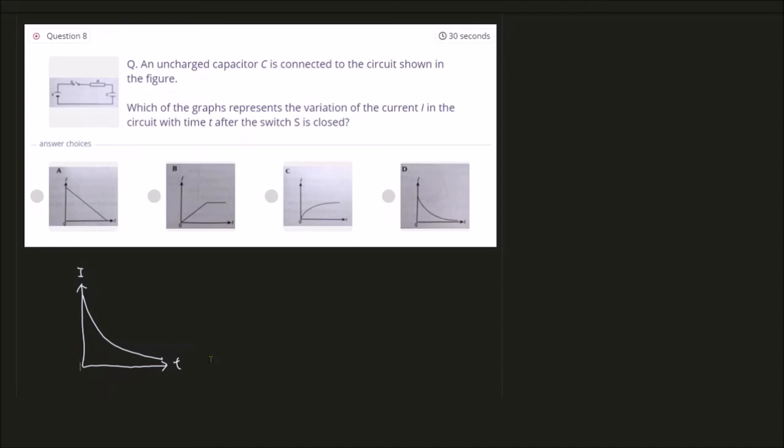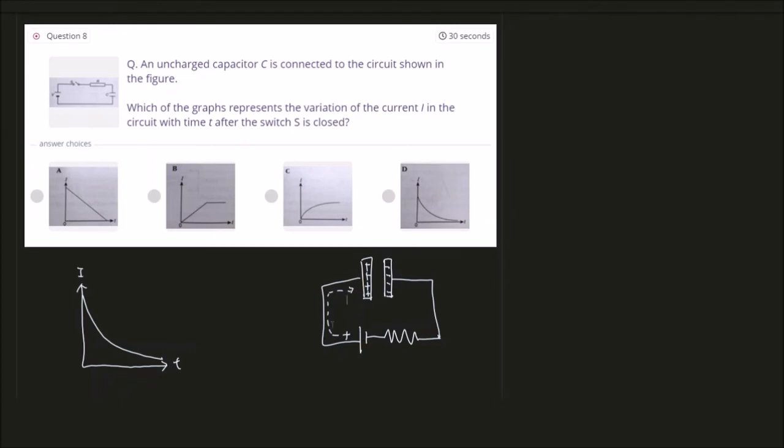But the proper way of thinking about it is, if you are storing charge at the plate, let's say you have stored a significant amount of positive and negative charge in the plate, what will happen is if you are still connecting it to a battery and a resistor, then any charge which is attempting to move towards the positive plate will be greatly repelled by the positive charge that is already in the plate.